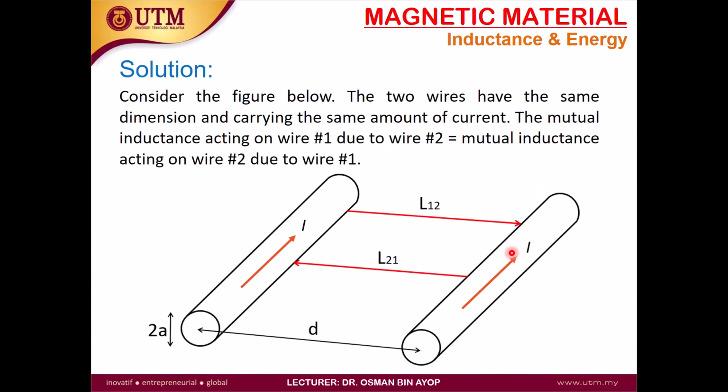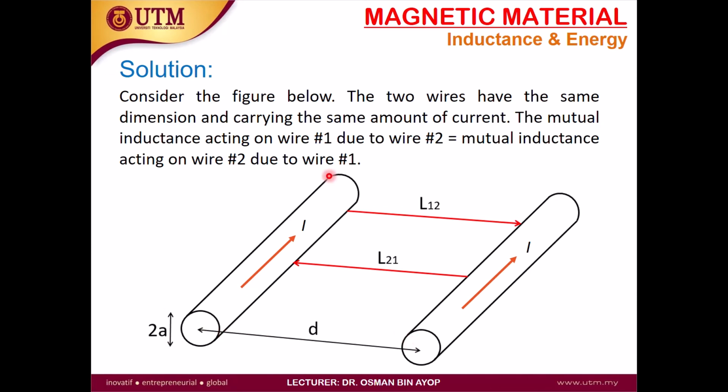And this is a figure, based on the question. We have two long wires. Wire 1 and wire 2 are identical. They have a diameter of 2A and are separated by distance d from center to center.